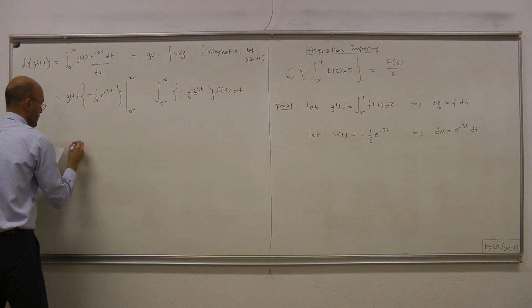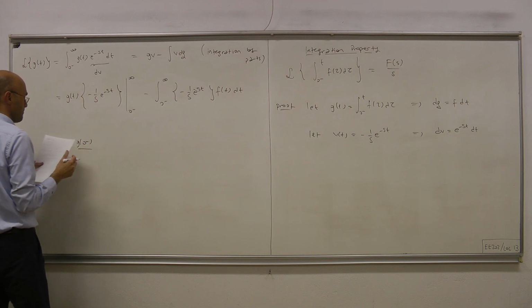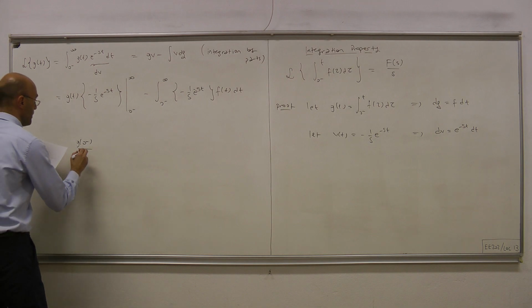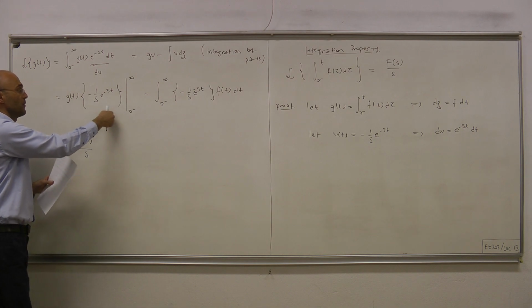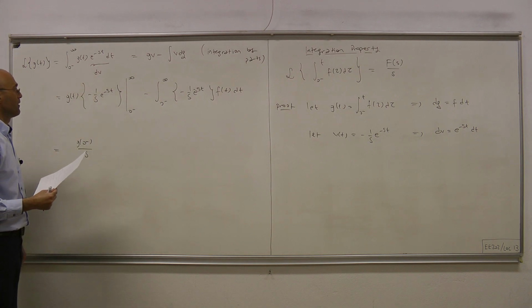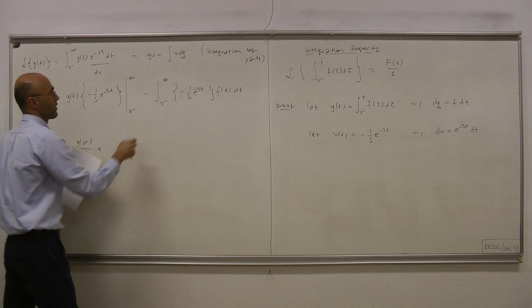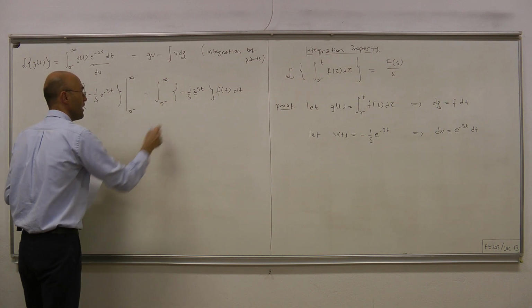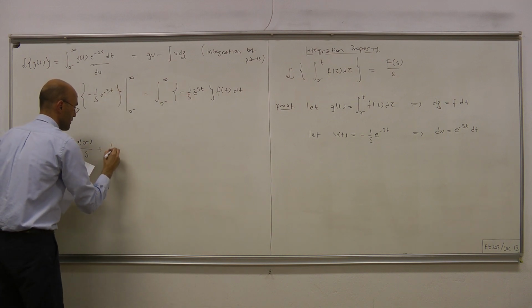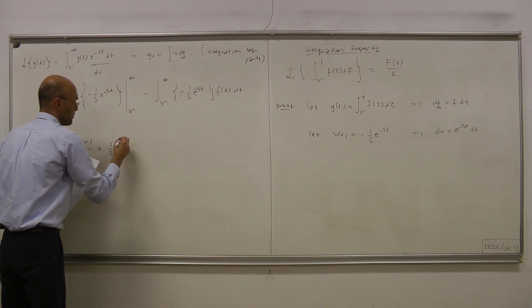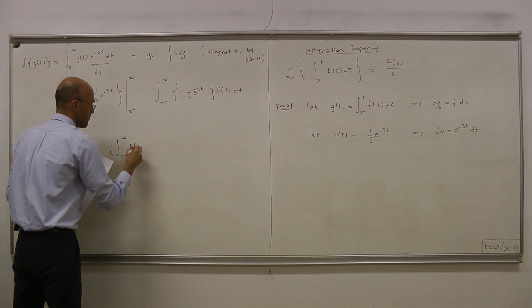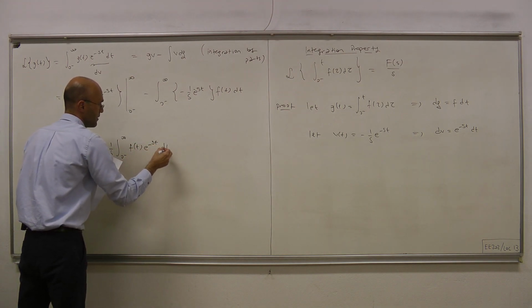Because of this minus sign, we have g of 0 minus divided by s. That's the result of this piece. Plus, because we have a double minus here, and then we take 1 over s outside the integration, we have this piece, f of t e to the minus st dt.